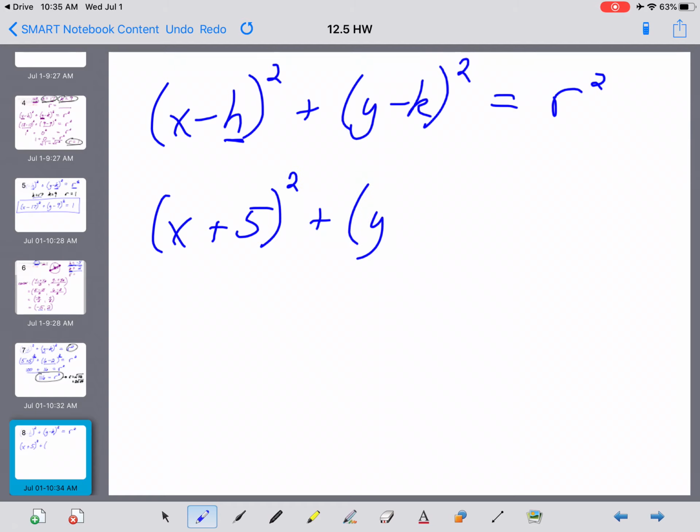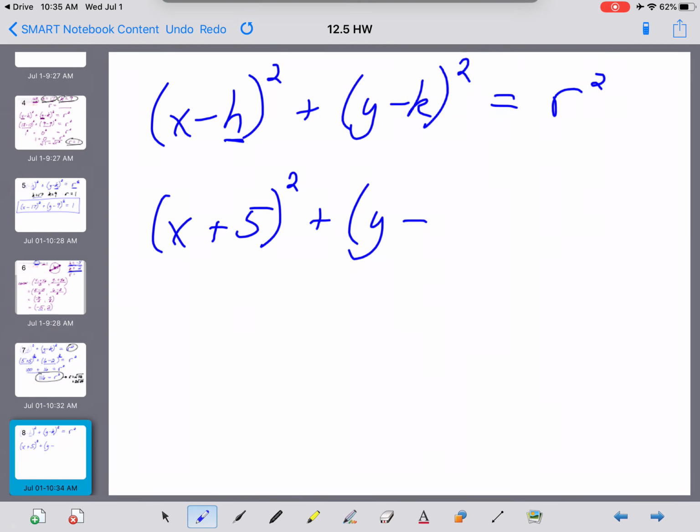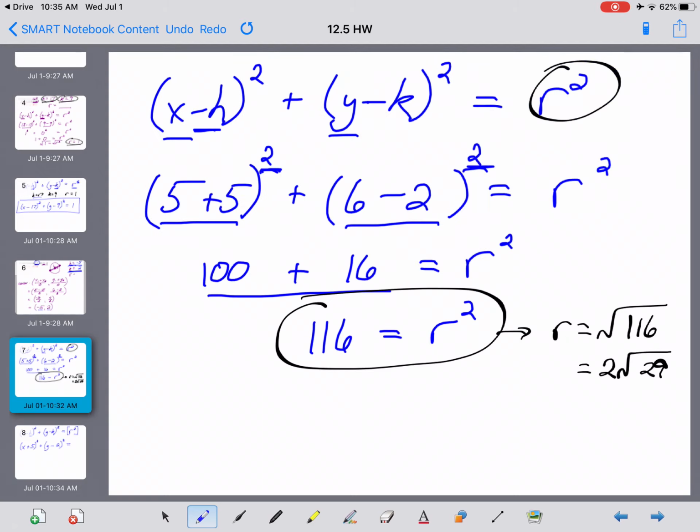Plus, we've got a y minus k, and we knew that our value of k all along was 2. So that's a y minus 2, close it, and square it, equals, and here we go, guys, we don't really want r, we really want to know what's the value of r squared. That's why I left this right here. The value of r squared is 116.